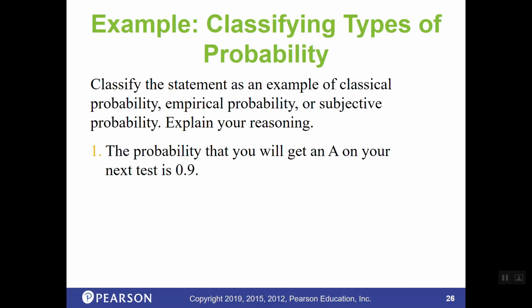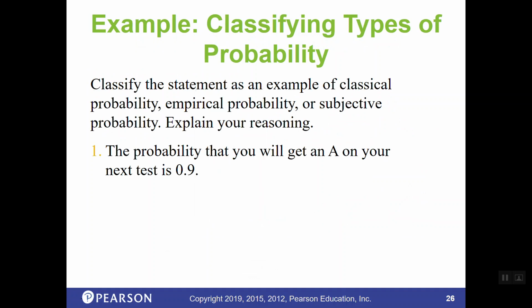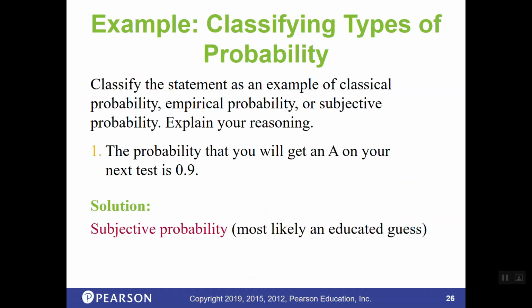So you're saying, well, I usually make an A, so I'm going to make at least a 90 on this test. Okay, so this one is a subjective probability. You usually do make an A, but what if that day was not your best day? There are so many variables that are hard to control, that's why it's called subjective probability. You made an educated guess and you will go for the A, but you may not get it, okay? We hope that you do on this test.